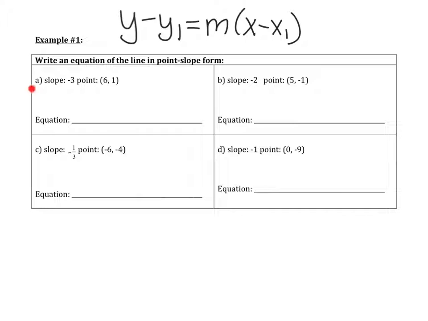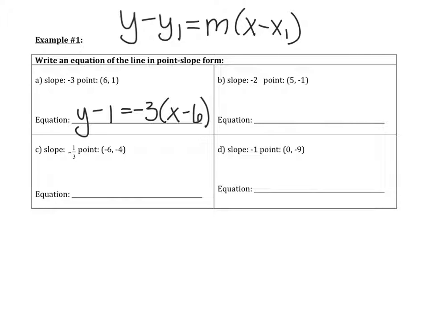So for part A, we are given the slope of -3 and a point of 6,1. So we have a point and a slope, so it makes sense to write it in point slope form. So we would have y minus the y coordinate of the point that we were given, which is 1, so y minus 1 equals m, which we were told is -3, times x, the variable, minus the x coordinate of 6.